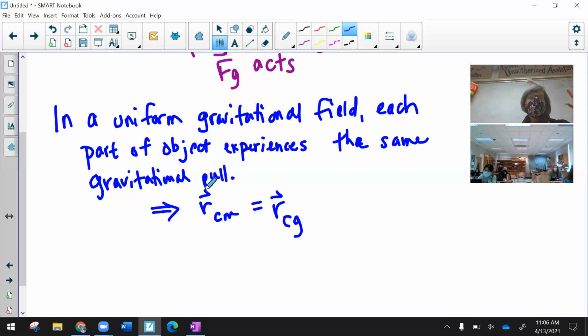That's actually a technical term. So that's not a uniform gravitational field, and we can't say that your center of gravity is going to be the same as your center of mass. We won't be dealing with problems like that. So for our situations, the center of mass will be the same thing as the center of gravity. Okay, make sense?